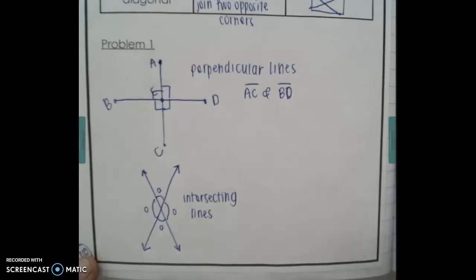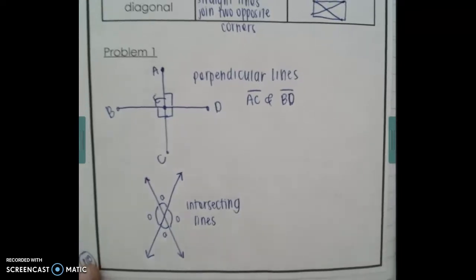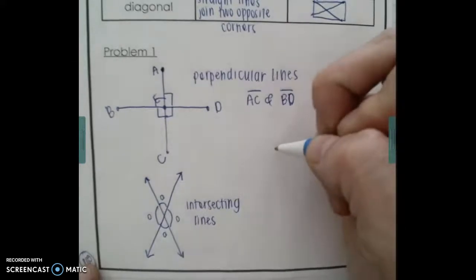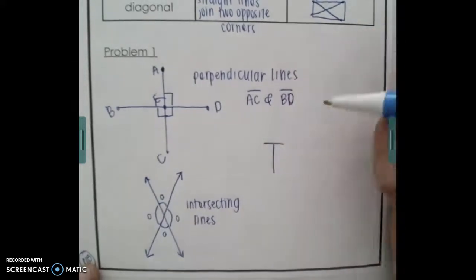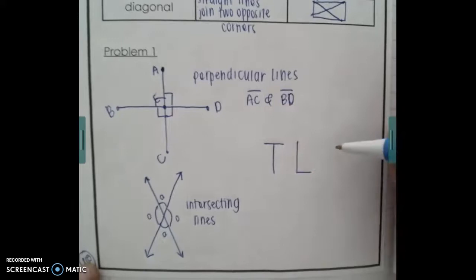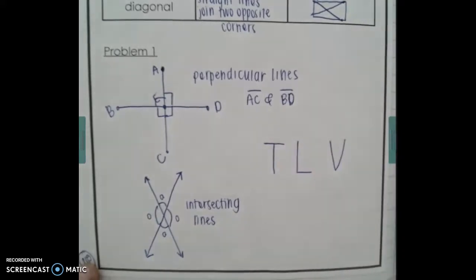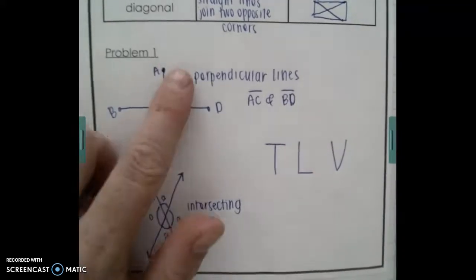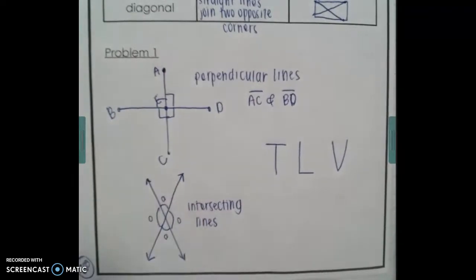We can also look at some letters and talk about what kind of lines these would be. So let's write down these capital letters: T, L and V. We're going to decide if they're perpendicular or intersecting.